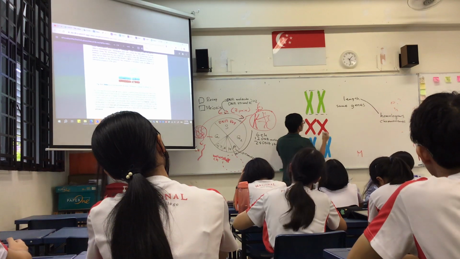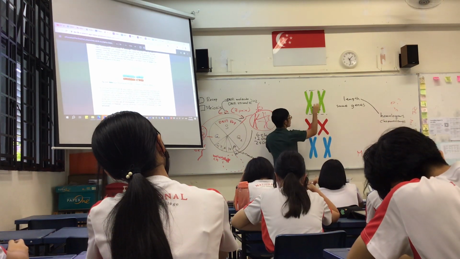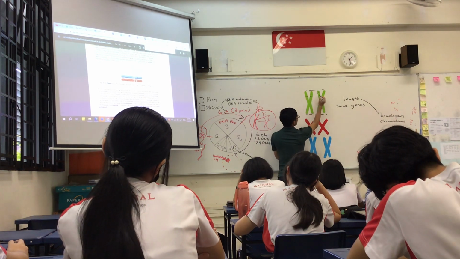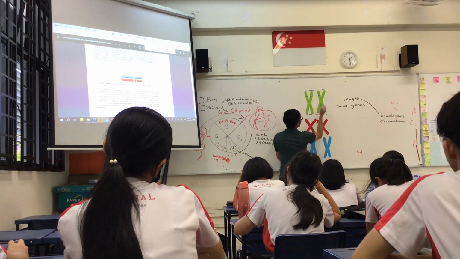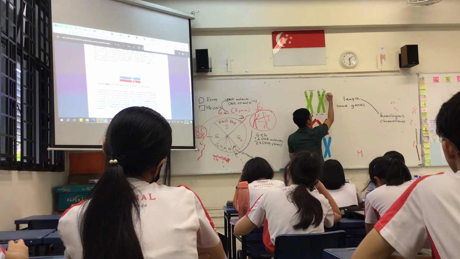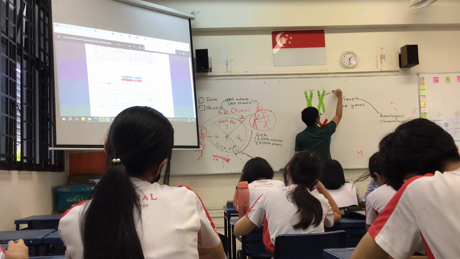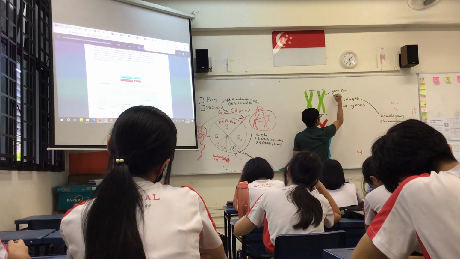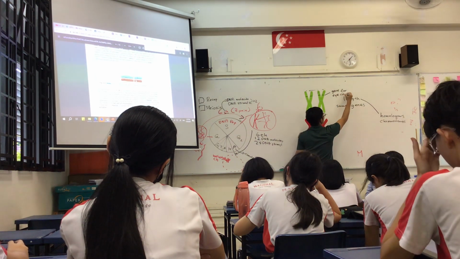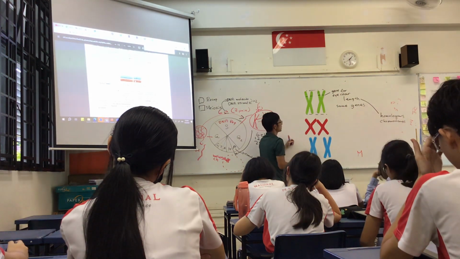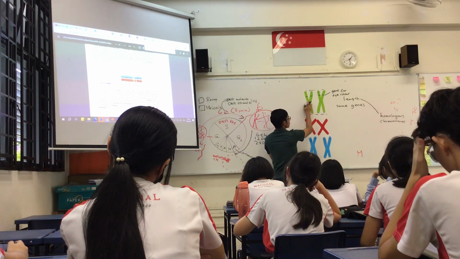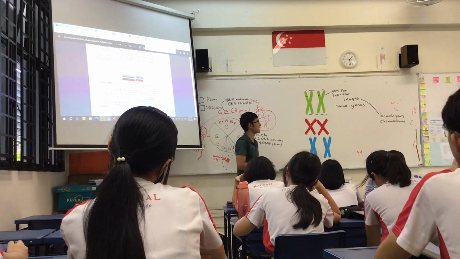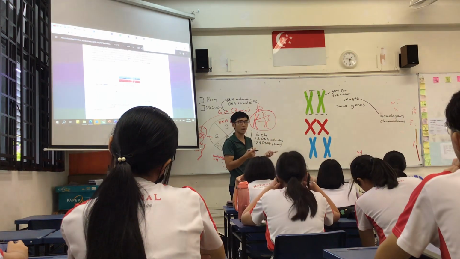Let's say this particular chromosome at this point over here, I have the gene for eye color. Both of these chromosomes at this same exact location on the DNA can find the gene for eye color.